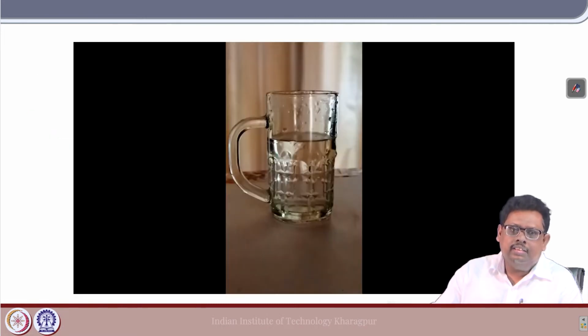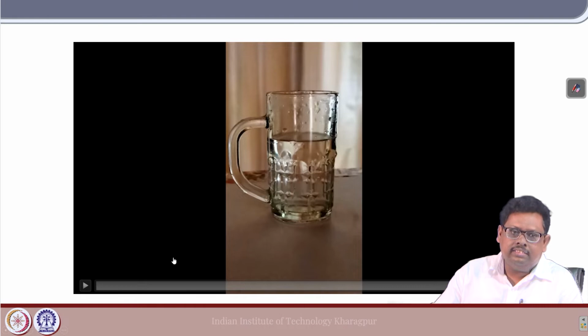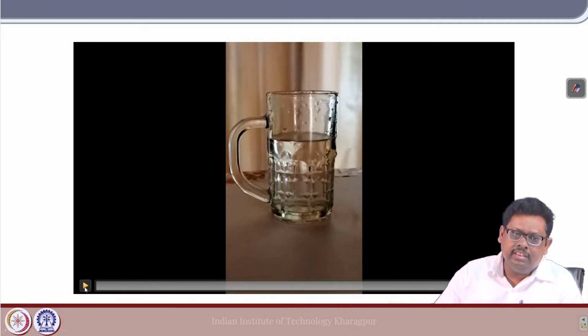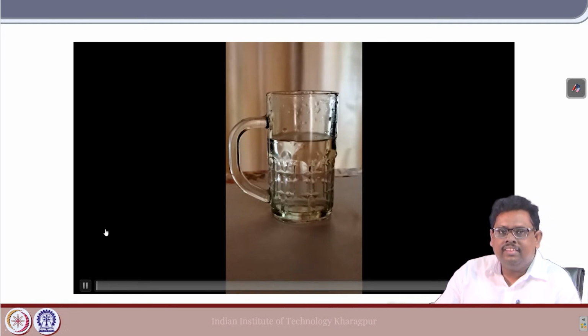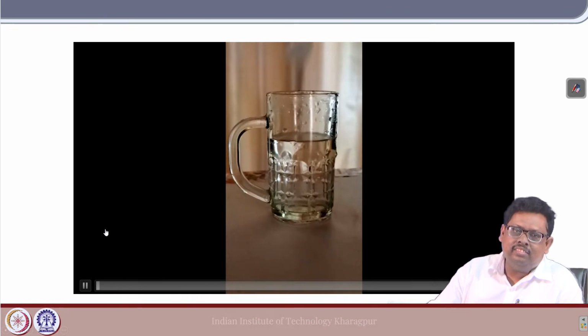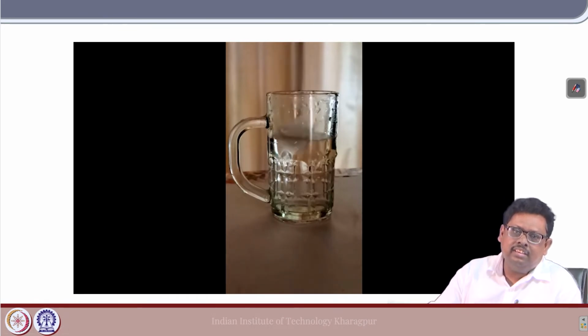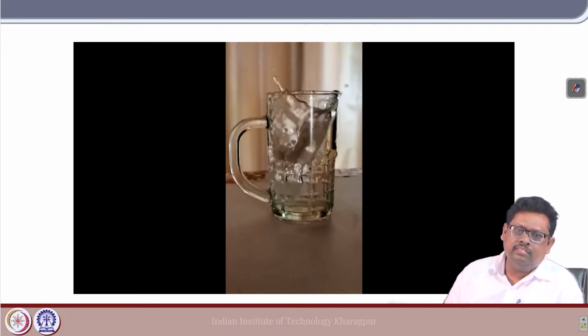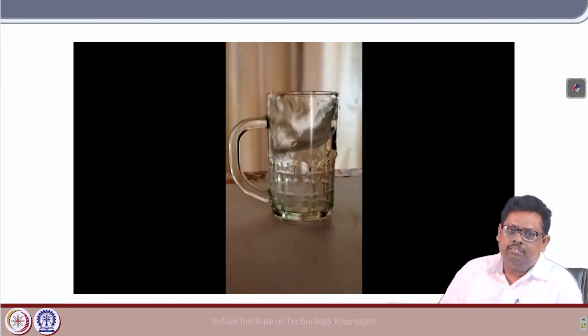Now, you can see there is a glass and water, and let us see what happens if I throw some ice cube here. It is a very nice thing to see. You can see there is an excitation in the water surface.